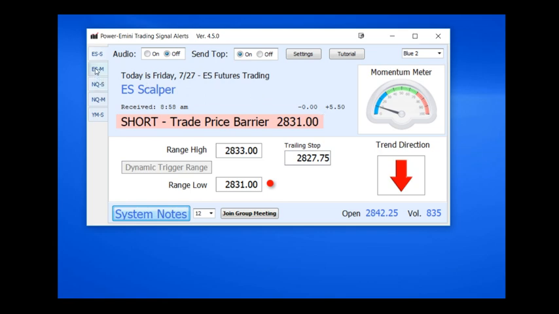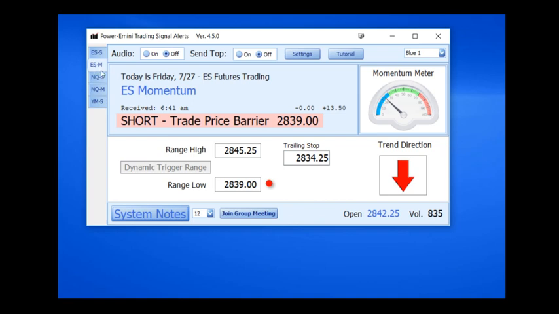Now on the momentum strategy, and I'll talk about the difference between the two, that's a 5 minute closing bar past the barrier. Remember, the momentum breakout is an algo where you're trying to hang on for the big move for the whole day.